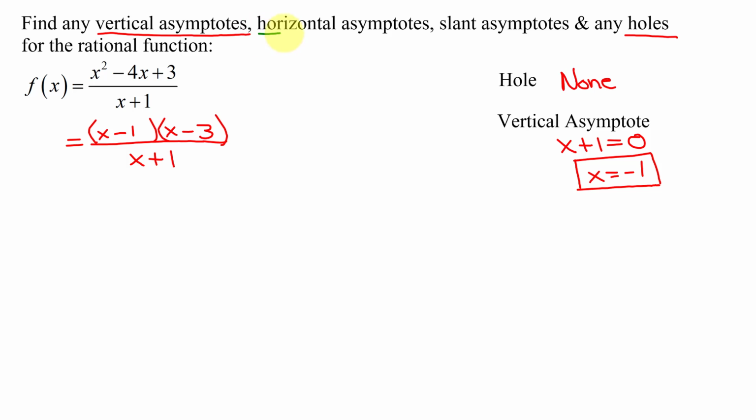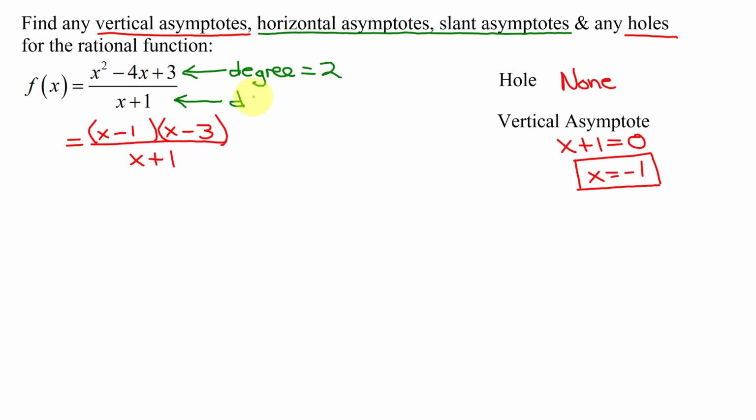Next, I need to look for horizontal asymptotes and slant asymptotes. To do that, I need to find the degree of the polynomial in the numerator and the denominator of my rational function. Well, for my numerator, what is the degree? What is the highest exponent on any of the x's? It's a 2.